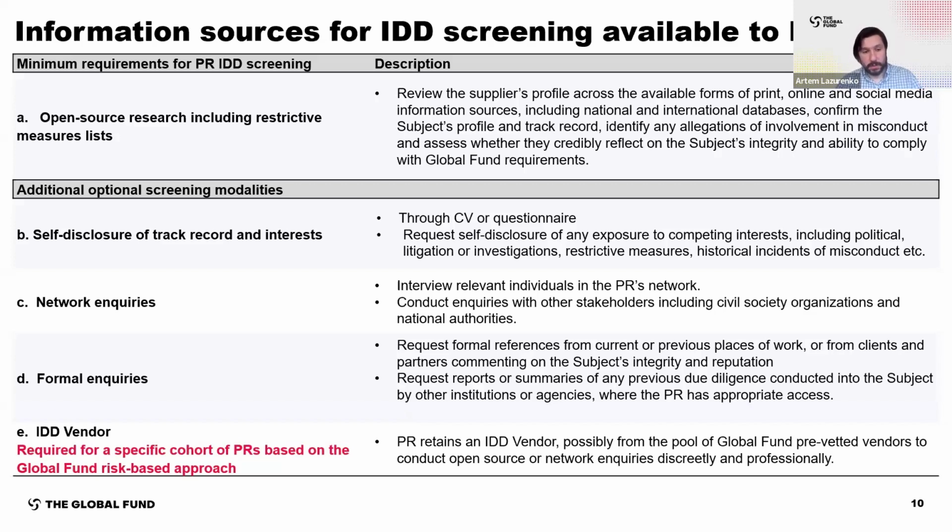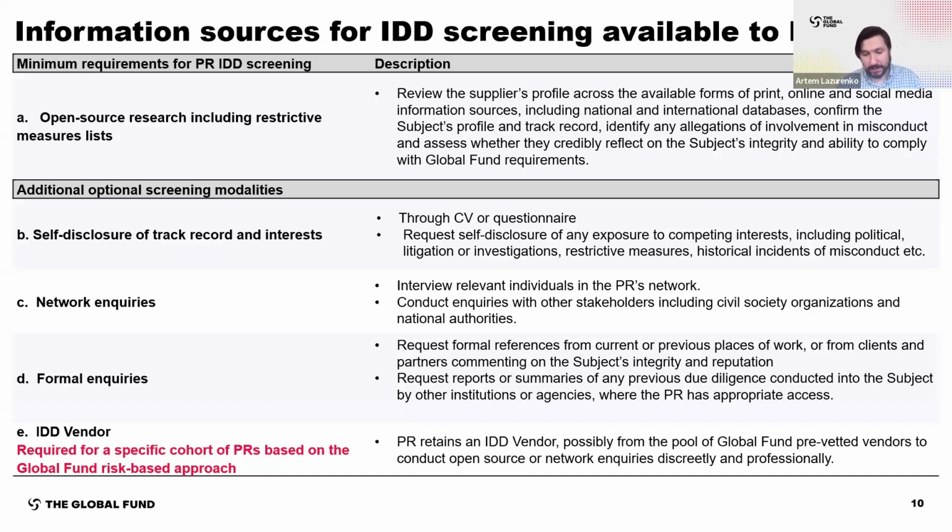These can form a very important part of IDD, or more enhanced type IDD, where you're paying more attention to a specific counterparty and you're ready to dive deeper, because they can bring out information which is not in the public record, but also can bring very important context.